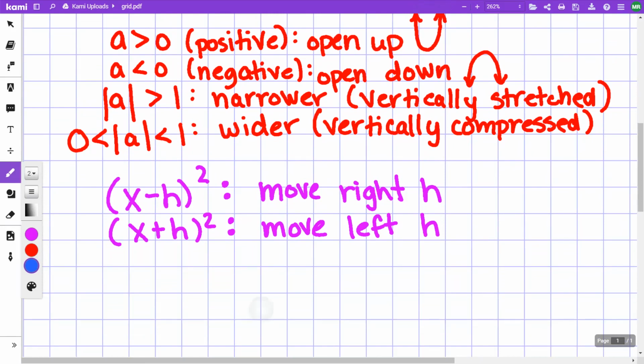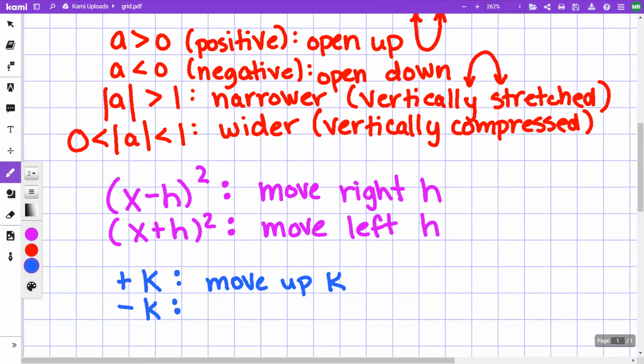And then we're also going to talk about a positive k versus a negative k. So if you have a plus k at the end of your equation, that means you're going to move up k.